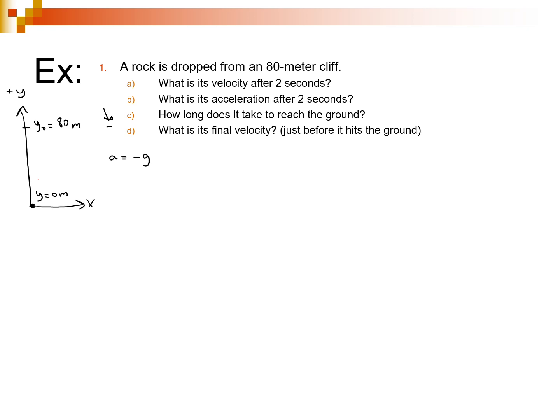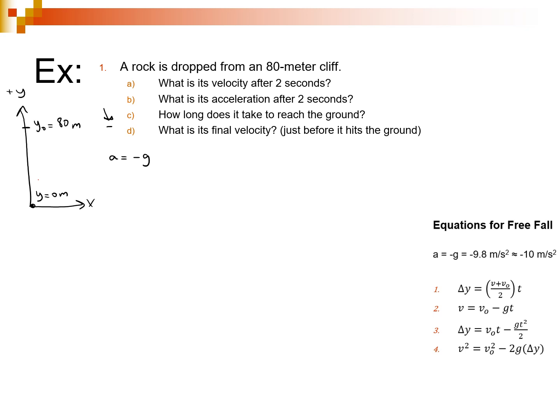So I need to solve for the velocity after 2 seconds. Let's consult our list of equations here. And it seems like equation number 2, the velocity equation, is a good pick. v equals v original minus gt. So I'll just have to use it. v equals v original minus gt.